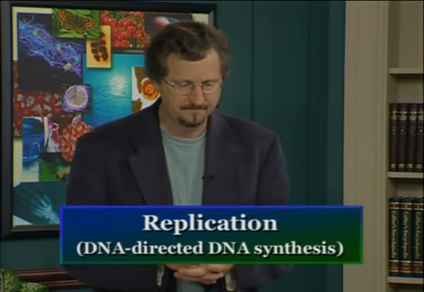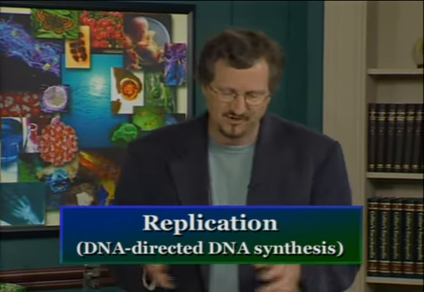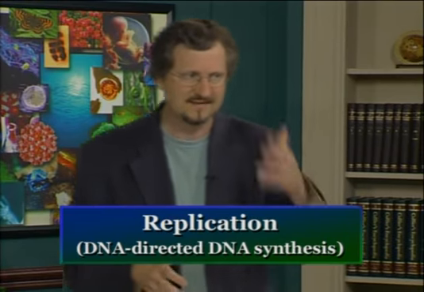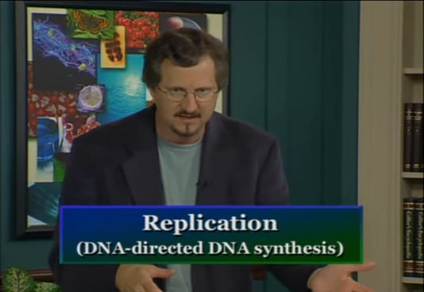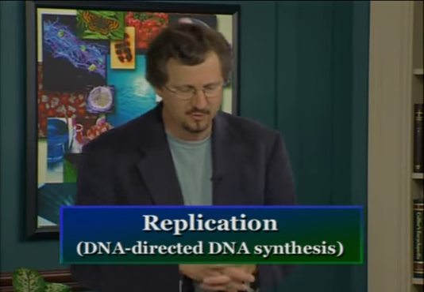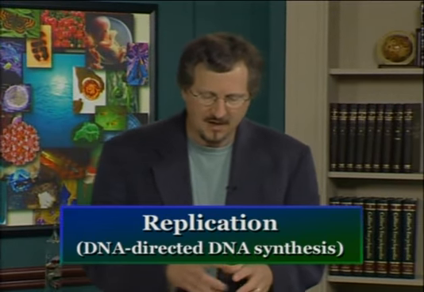That is, the flow of information from one DNA molecule to another can occur in a circular fashion when that DNA molecule is copied exactly by the mechanisms that we've already discussed. This process we've termed replication. It could also be called DNA-directed DNA synthesis because it's a DNA molecule that's directing the pattern synthesis of more DNA.